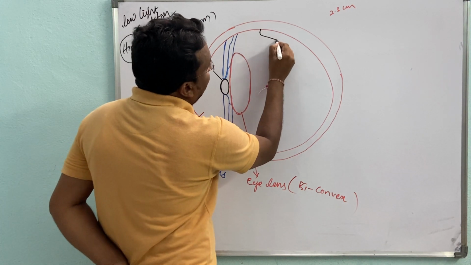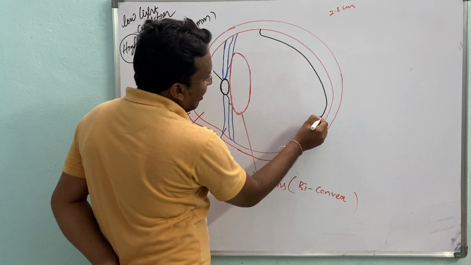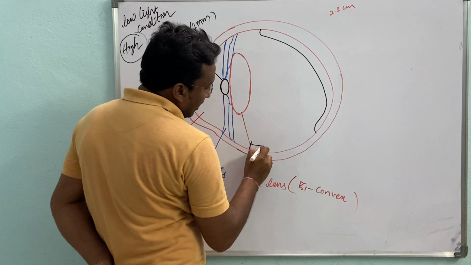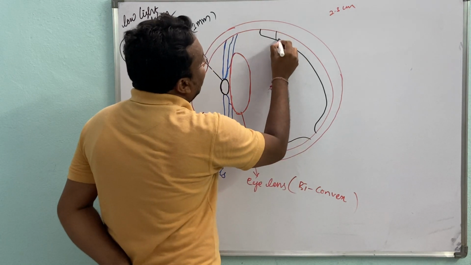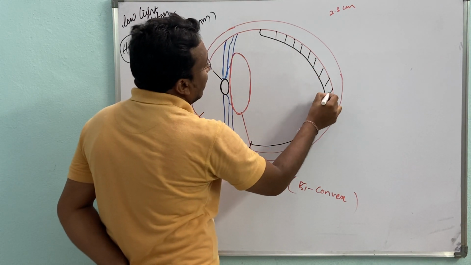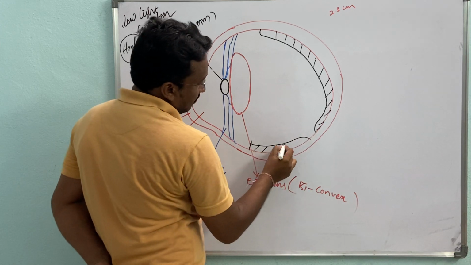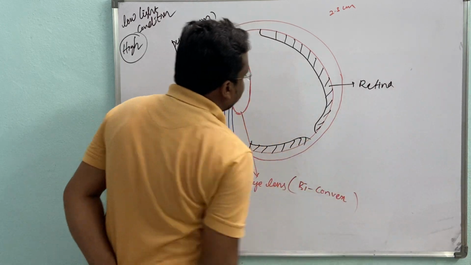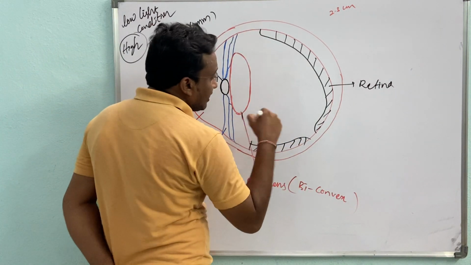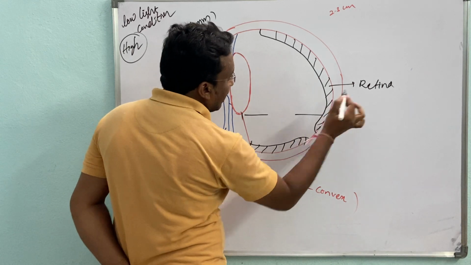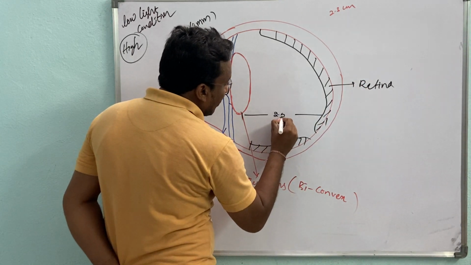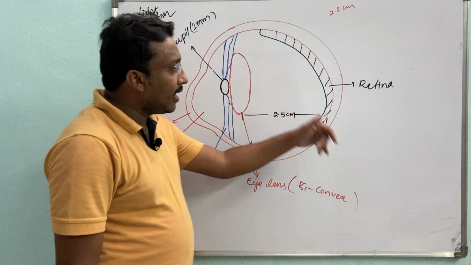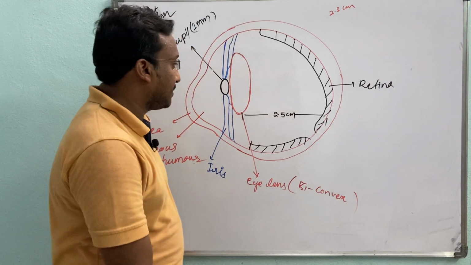It contains one more delicate membrane, called the retina. And here you have to notice the distance between the eye lens and the retina is 2.5 centimeters.